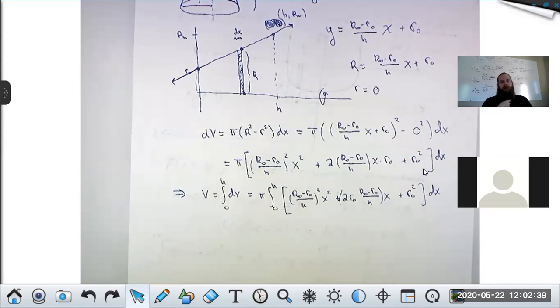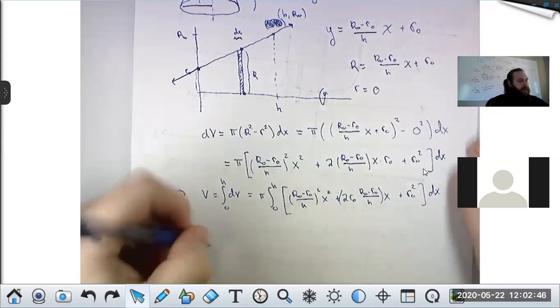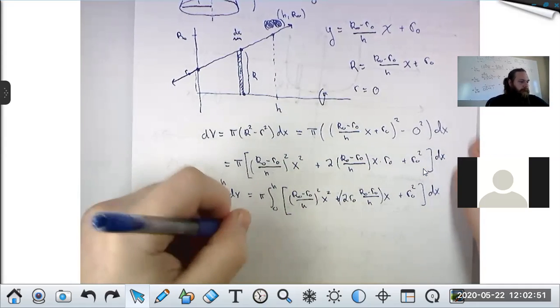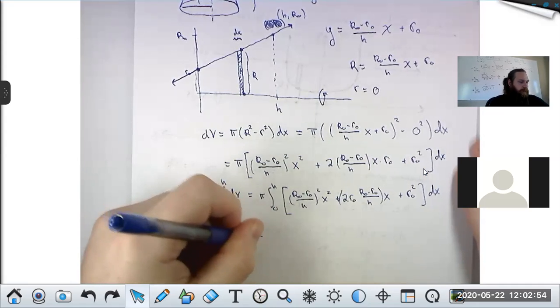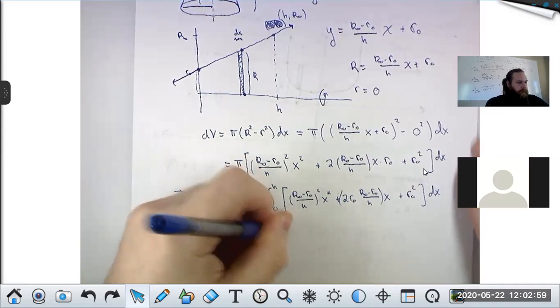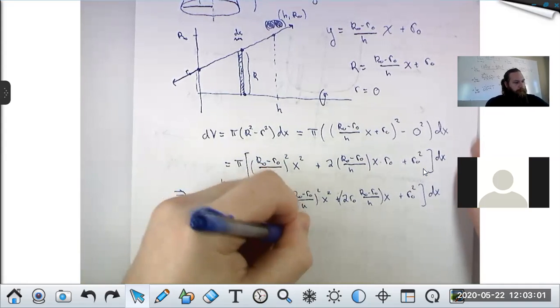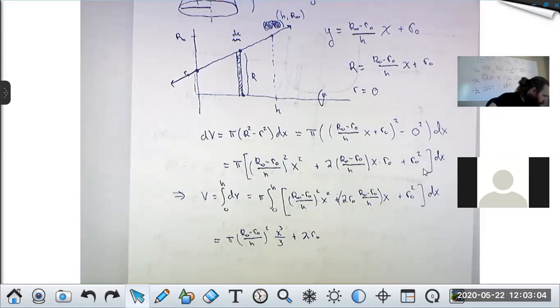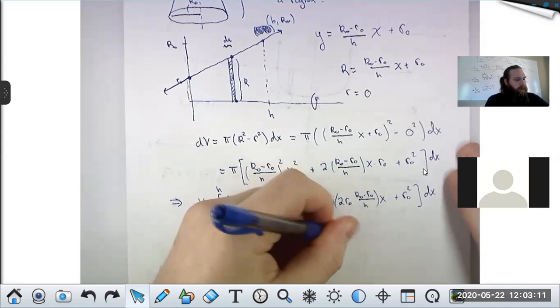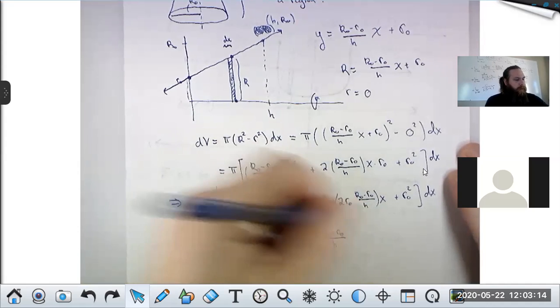And don't be afraid of the constants, right? There's a lot of little constants floating around in here, but the integral is being done with respect to x, so the little constants really don't matter too much. This will be pi times, this constant just comes along for the ride, and the x squared integrates to x cubed over 3, plus 2 times little r naught times big R naught minus little r naught over h, and then this x will integrate to x squared over 2.